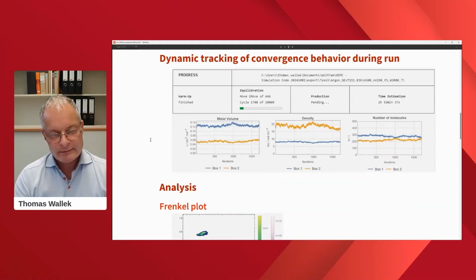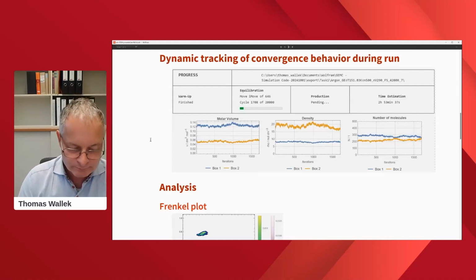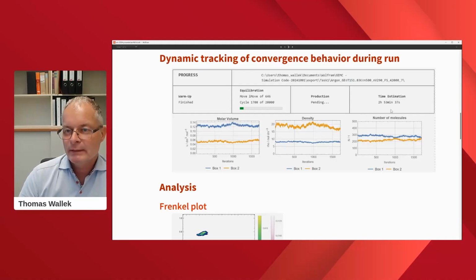During the execution by the execution script file, in our software, the convergence behavior can be tracked for warm-up, equilibration, and production phase, including a rough estimation of the remaining time, which I have to admit is really rough.